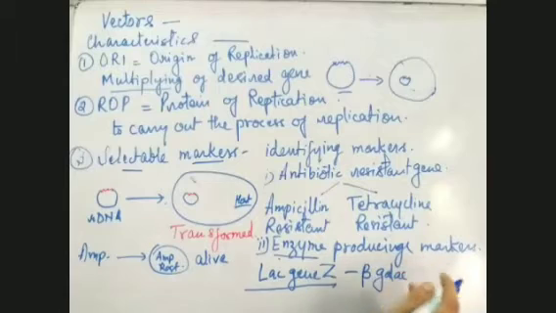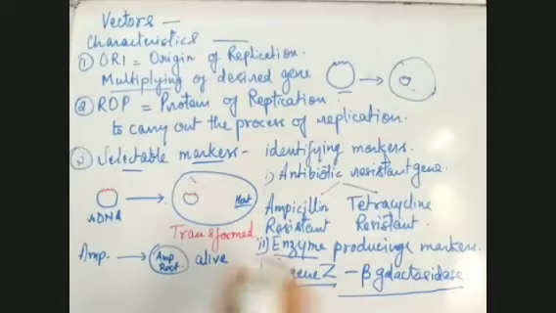Beta galactosidase is the enzyme which is produced by lac gene Z. This is also used as a marker. How it is used as a marker, I'll tell you. The ampicillin resistant gene and this enzyme producing gene, when introduced, act as selectable markers.